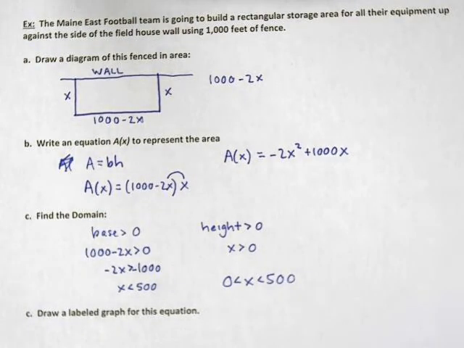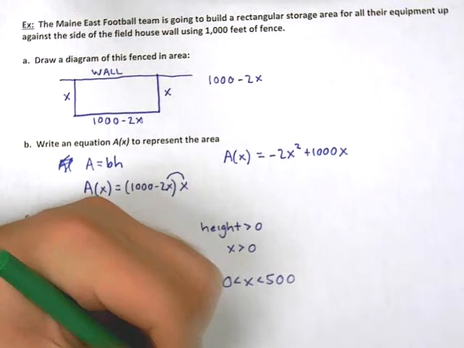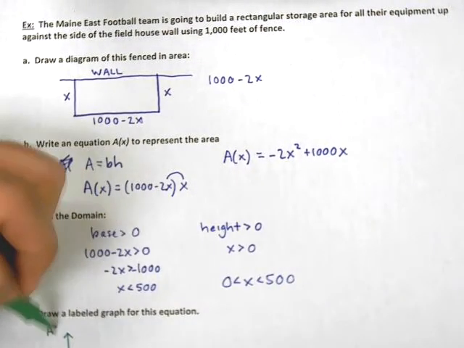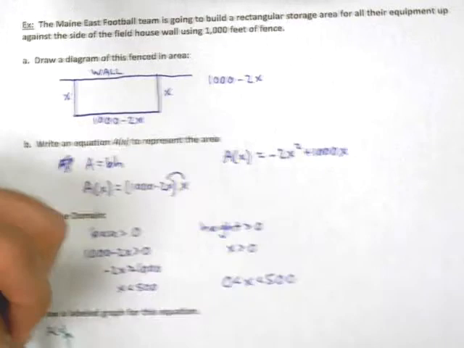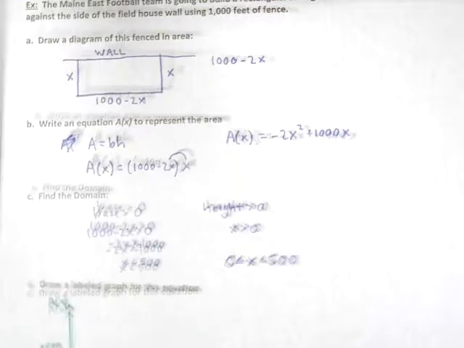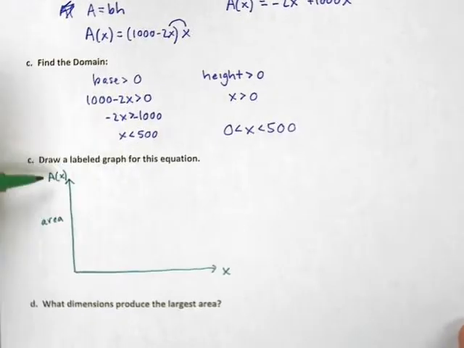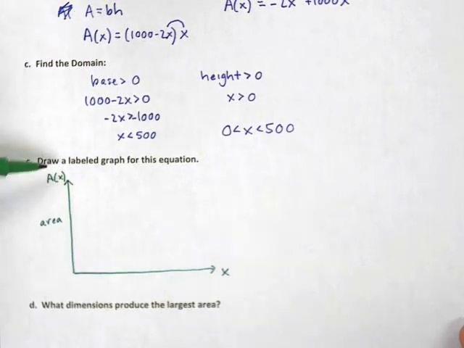So we go and we draw our graph. We have A of x, we have x. Of course, this is area. Again, you guys can't see what I'm doing, I'm so sorry. Okay, draw our graph. Make sure to label the axes correctly, right?